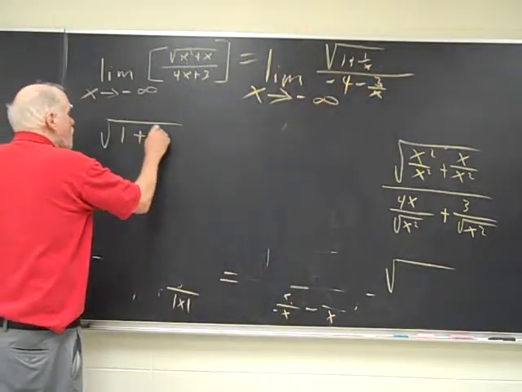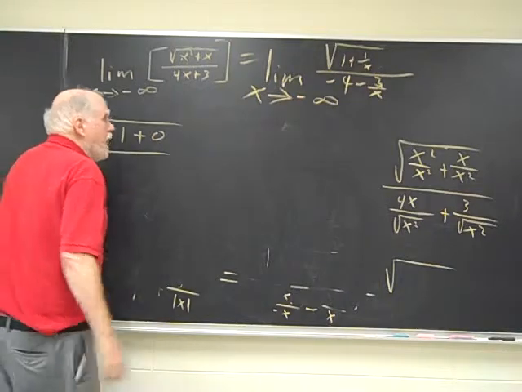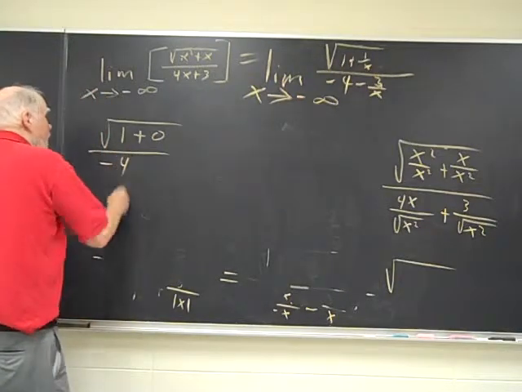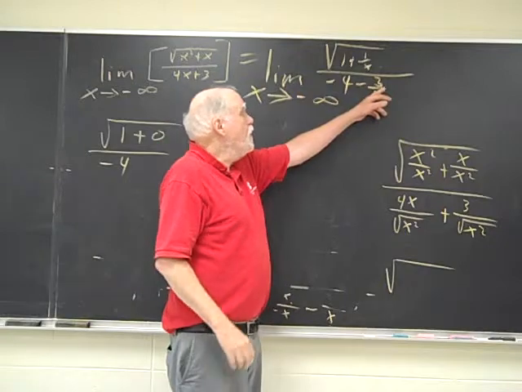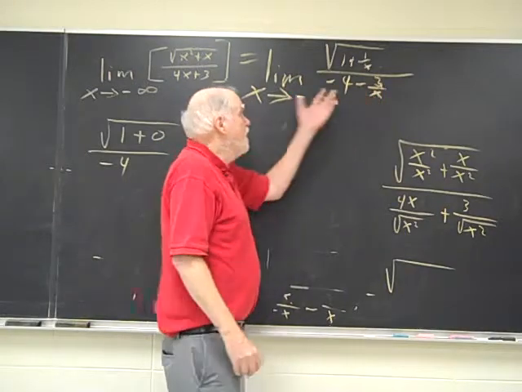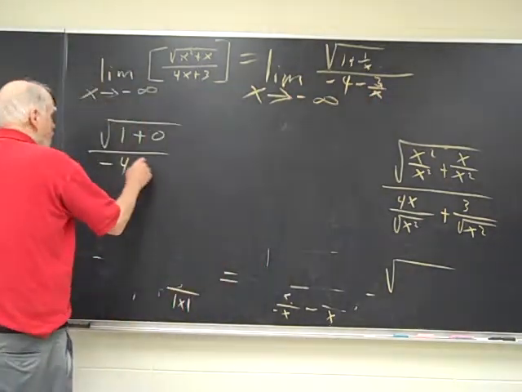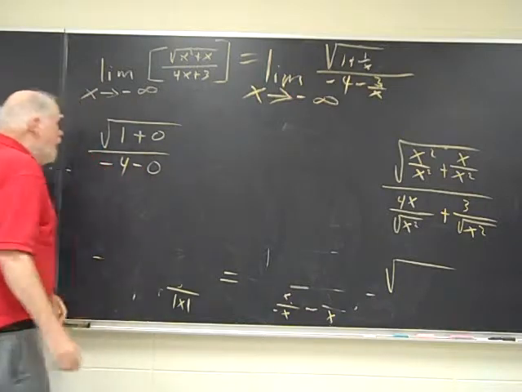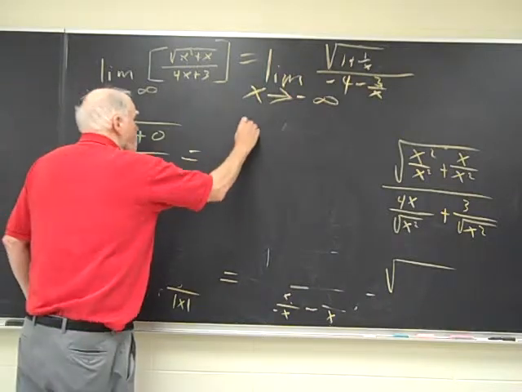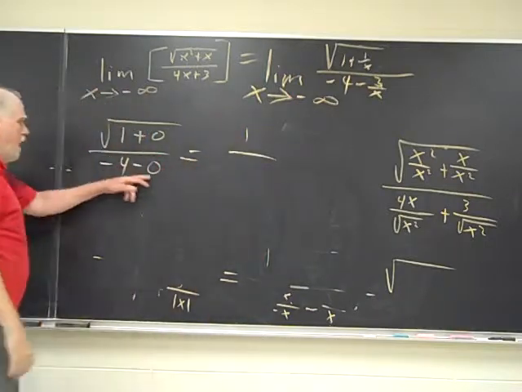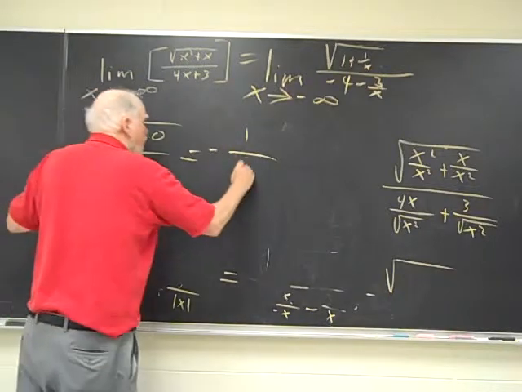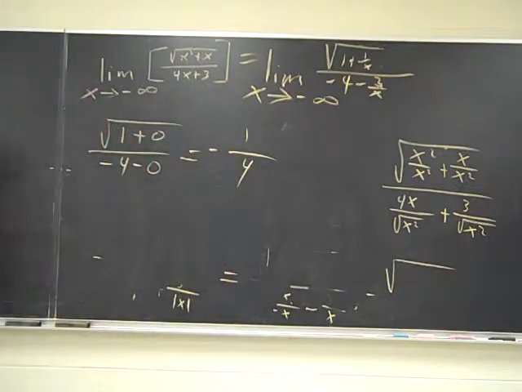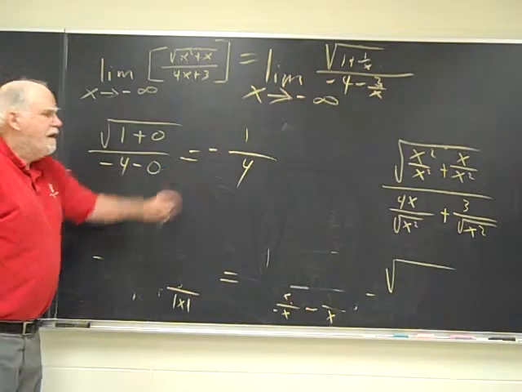Divided by negative 4 minus 0, because as x gets huge this goes to 0. And the square root of 1 is 1. This is negative 4, and so it goes to negative 1/4. So this function gets closer and closer to negative 1/4.